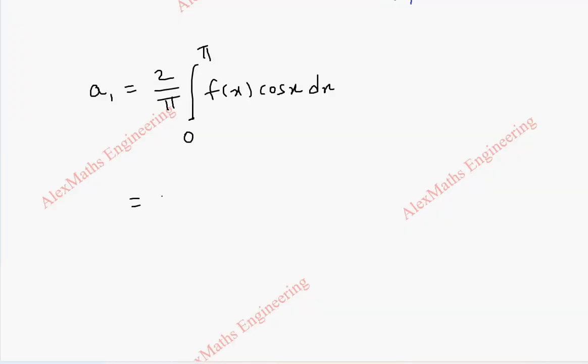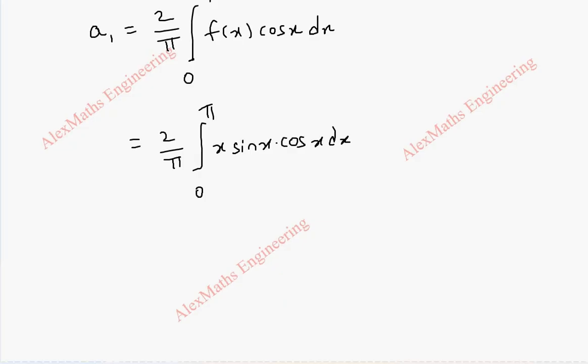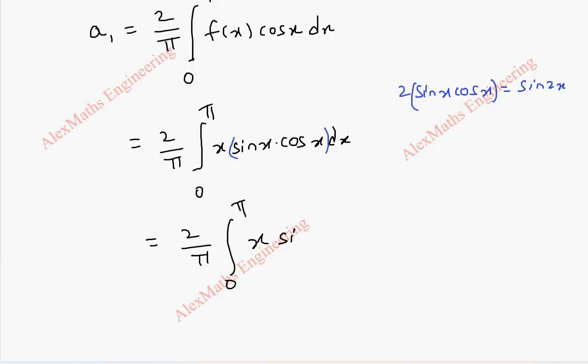Now replacing f of x, we have 2 by pi integral 0 to pi x sin x into cos x dx. Now we have a basic formula: 2 sin x cos x is sin 2x. So if I want this alone, it is sin 2x by 2. So we are going to replace this as sin 2x by 2. Now this is 2 by pi integral 0 to pi x into sin 2x by 2 dx.